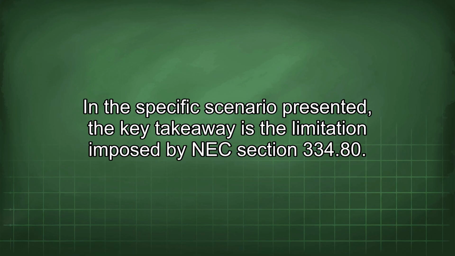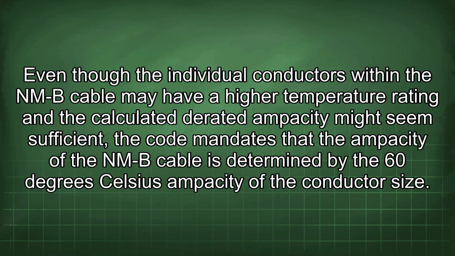In the specific scenario presented, the key takeaway is the limitation imposed by NEC Section 334.80. Even though the individual conductors within the NMB cable may have a higher temperature rating and the calculated derated ampacity might seem sufficient, the code mandates that the ampacity of the NMB cable is determined by the 60 degrees Celsius ampacity of the conductor size.